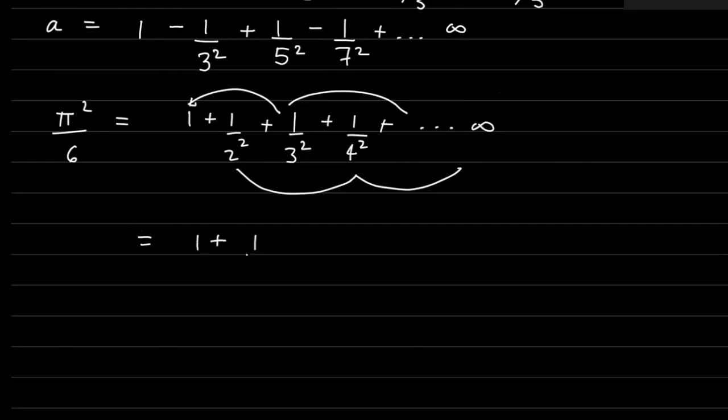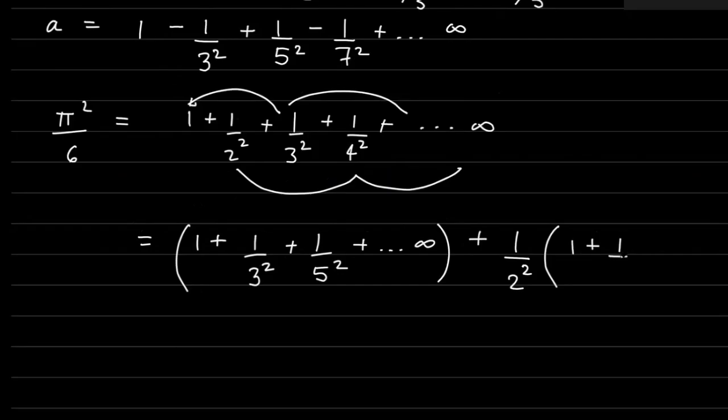So it will become 1 plus 1 by 3 square, 1 by 5 square, infinity, plus. Now, all of these terms will be even and everyone will have 2 square common in them. So after taking 2 square common, you will get a series like this.